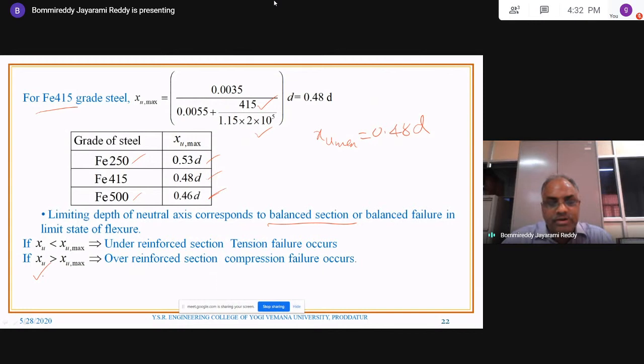When XU is less than XU maximum, that section is called the under reinforced section. When the section is under reinforced, tension failure occurs. When XU is more than XU maximum, the section is called the over reinforced section and accordingly compression failure occurs. Whatever discussion we had earlier in the working stress method of design, the same is valid for these types of beams in the limit state method of design also.